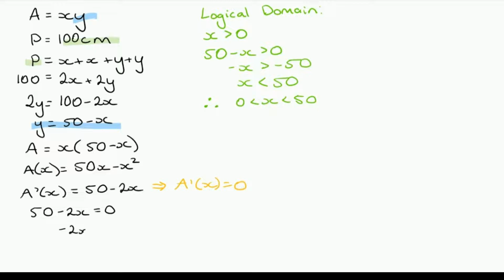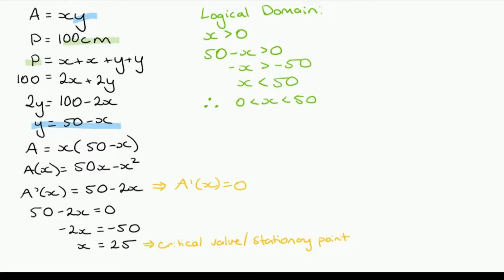Minus 2x is equal to minus 50, and dividing both sides by minus 2 gives me x is equal to 25. So remember, in this case, I now have a critical value, which is also known as my stationary point.